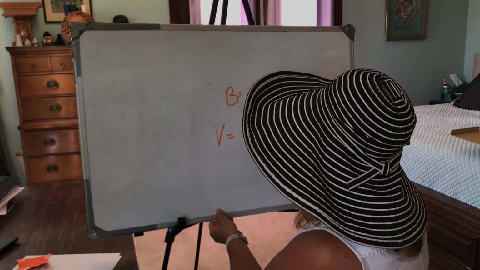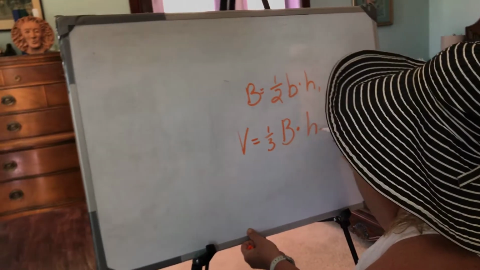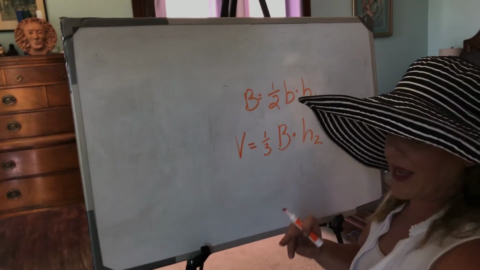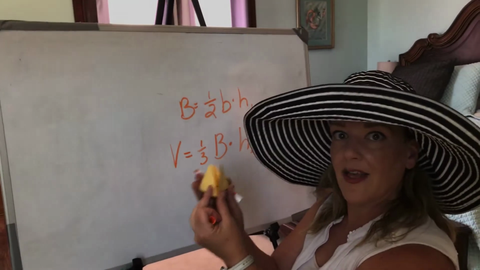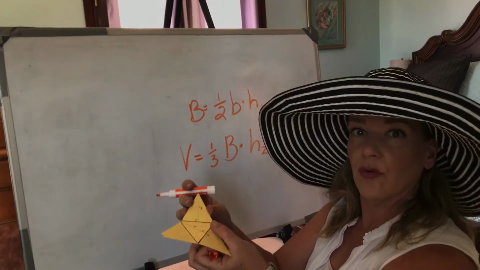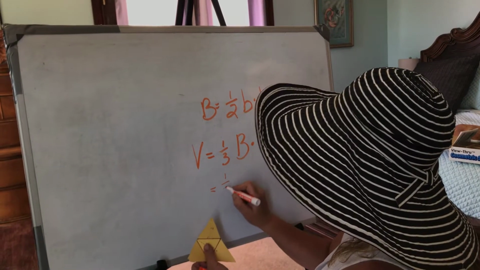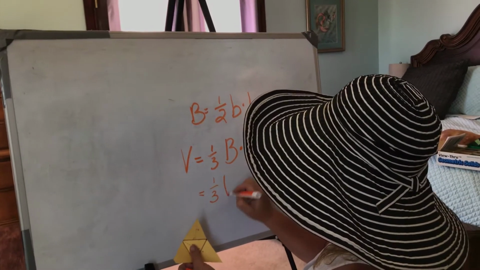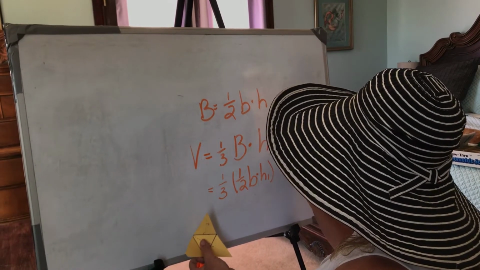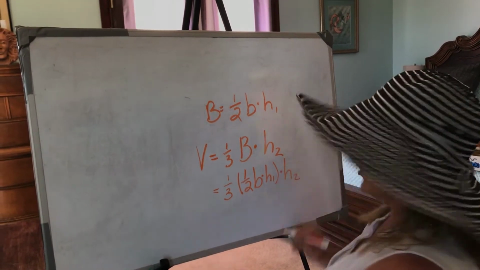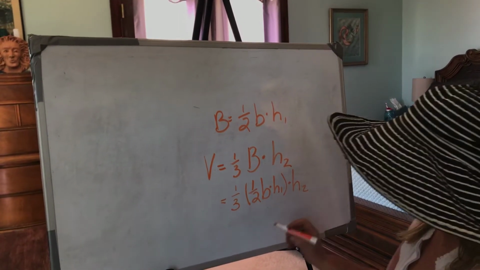Remember, 1/3 area of the base times the height. But again, not this height of the triangle, but the height of the pyramid itself, H2. Now, if I plug this equation into here, I have 1/3 times 1/2 base times height 1 times height 2, right? Again, we have length, length, and length, so I'm going to get a cubic unit, which is volume.